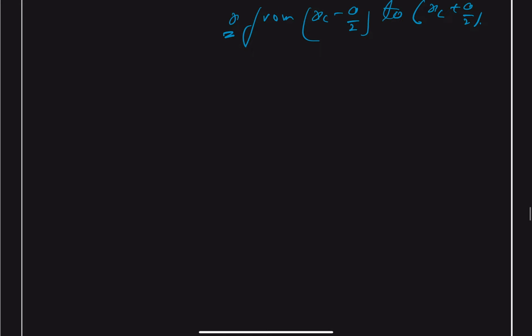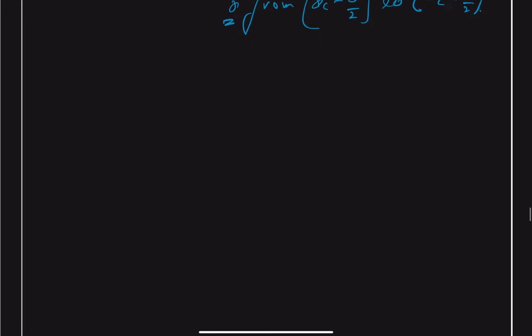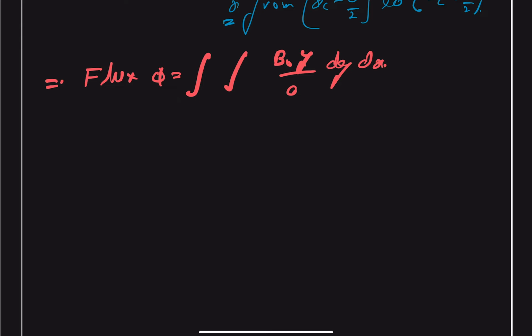Therefore, the flux phi can be written as a double integral of b naught y divided by a, with dy dx.